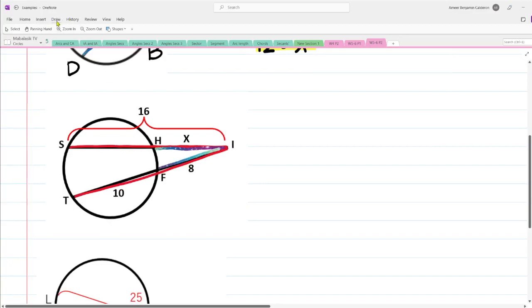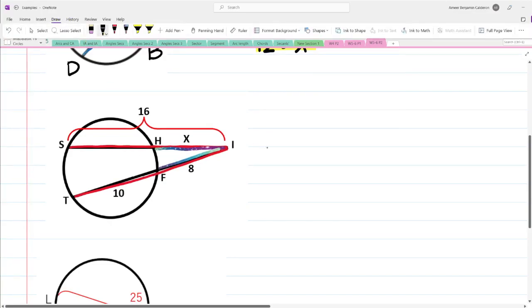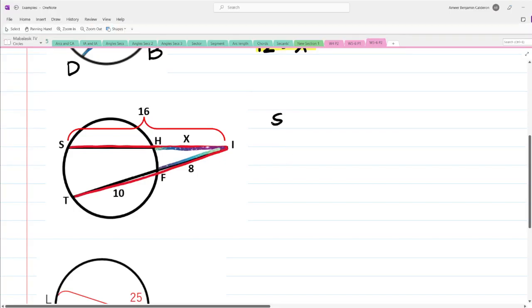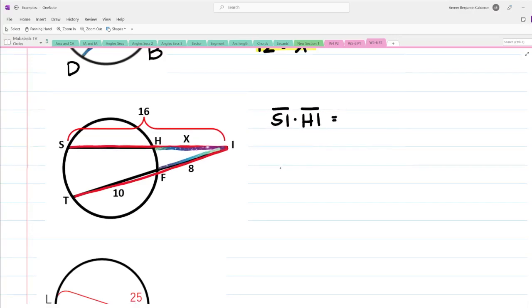So according to the concept, the product of one secant segment, segment SI, and its external secant segment HI is equal to the product of the other secant segment TI and its external secant segment FI.